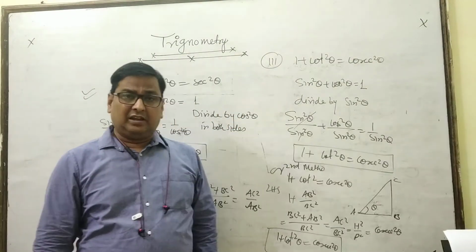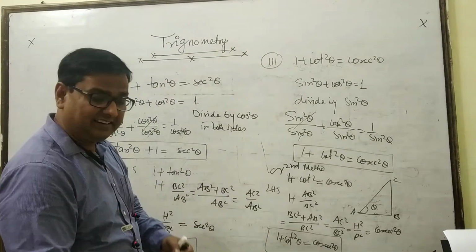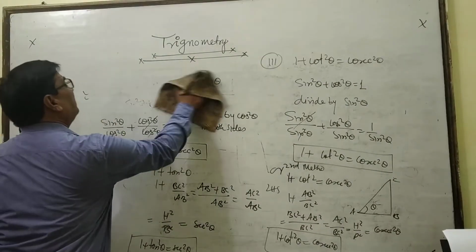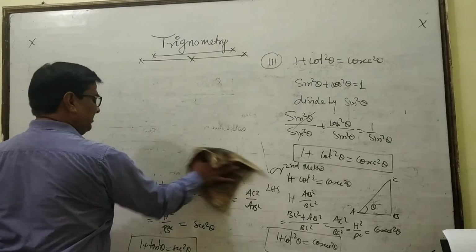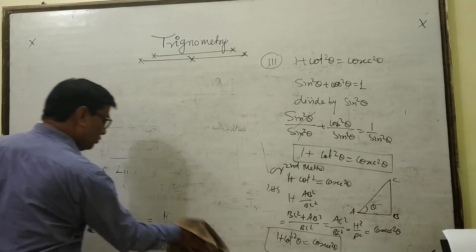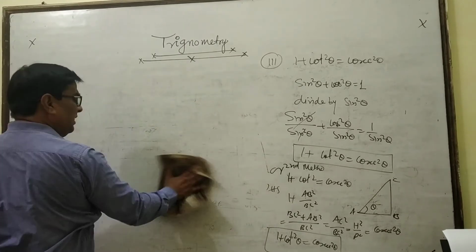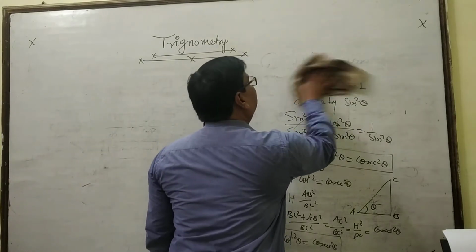Clear? So these are the trigonometrical identities, and you can derive them with the help of the trigonometrical ratios. Because all are trigonometrical ratios, and an identity is true for all values of theta. So you can derive any one with the help of the basic concept known as trigonometrical ratios.